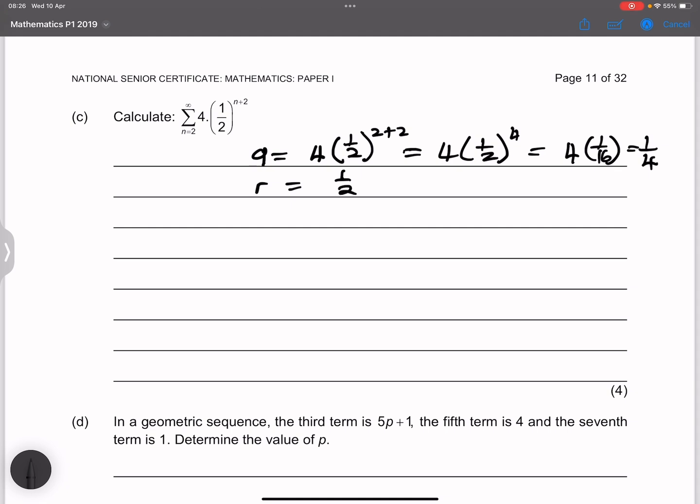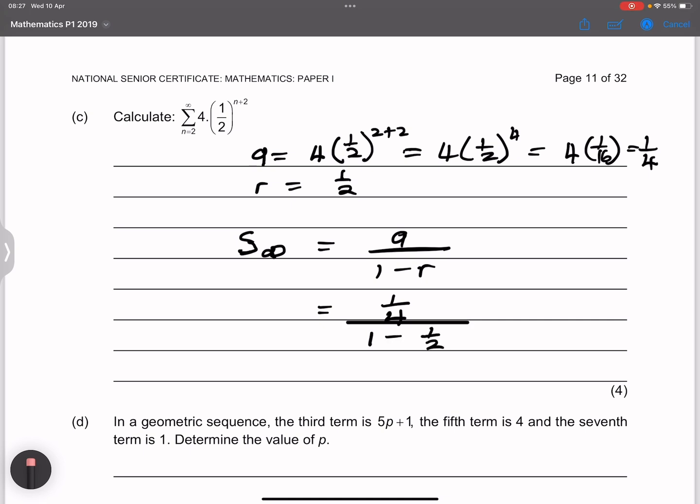So I'm looking for the sum to infinity. So S infinity is equal to a over 1 minus r. So our a value is 1 over 4 divided by 1 minus 1 over 2.